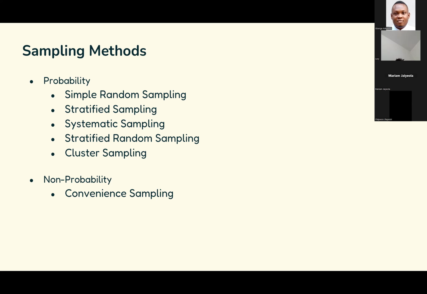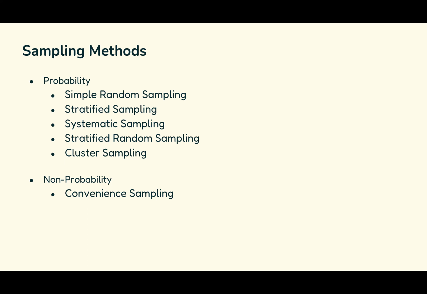Most times it's the probability sampling method that we are interested in, because when you've selected your sample using a probability sampling method, you can make a generalization of the whole population. But if it's not probability, it won't be a true representative of your population. Let's say I want to carry out a survey and I need women of reproductive age, between 15 and 49 years.